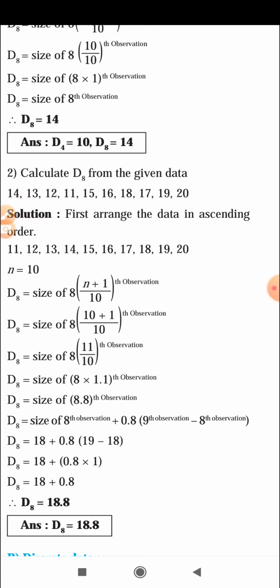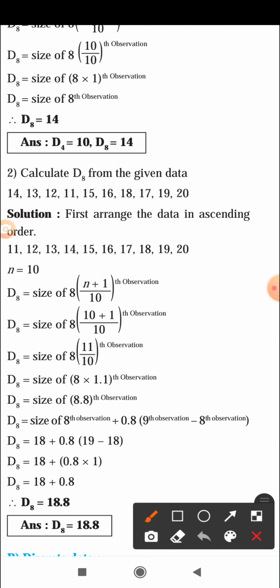The first step, arrange the data as per ascending order. Okay, so 11, 12, 13, 14, 15, 16, 17, 18, 19, 20. That is, we arranged the data as per ascending order.